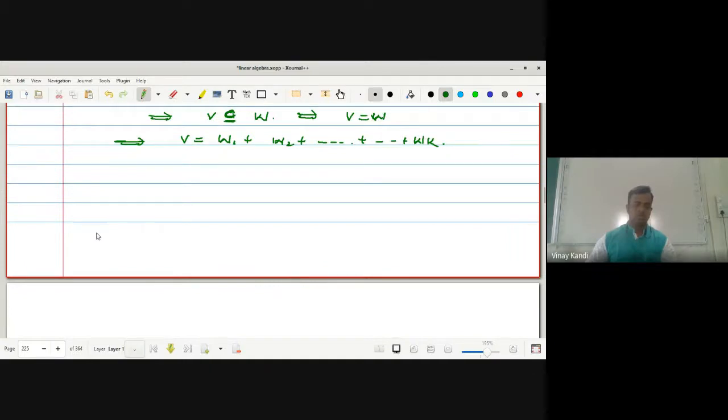Now, to prove that alpha has a unique expression as a sum of elements of W1, W2 up to so on WK. This step is a bit tricky, so pay close attention.